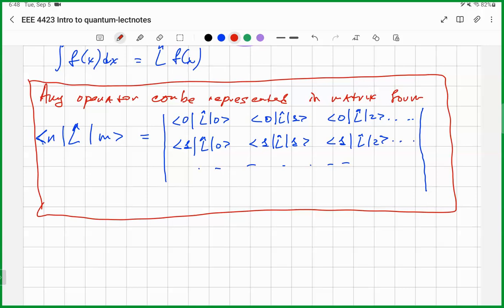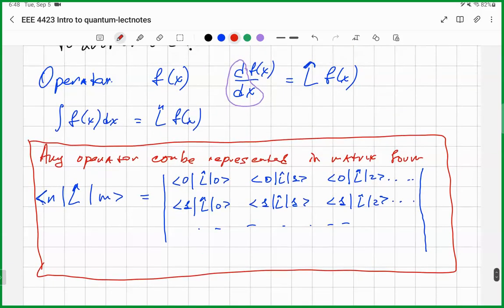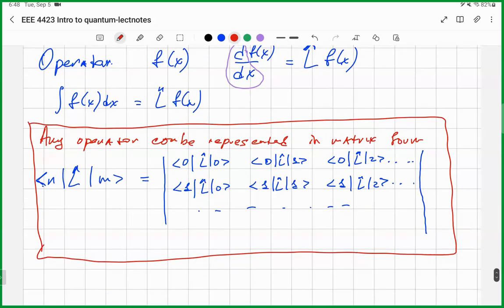The key point to understand here is that the operator itself can be given as a mathematical operation, like a derivative, or an integral, or divergence, curl, etc. So it's a mathematical operation, and the way we present it as a matrix depends on these vectors n and m.